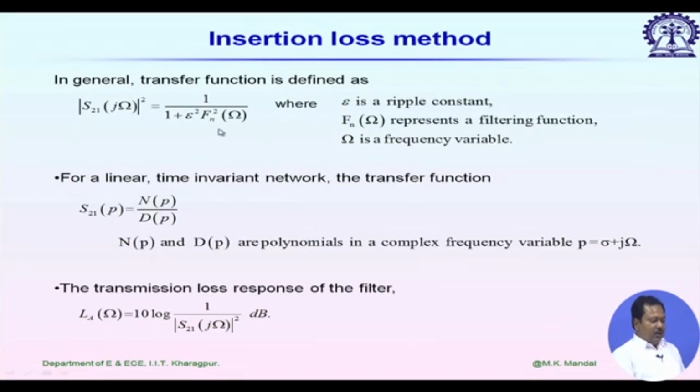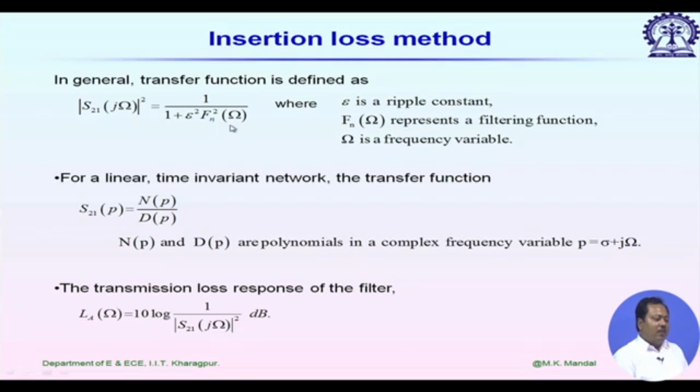Among the S parameters, the transmission parameter S21 is a function of frequency, and we can write the transfer function as magnitude of S21 squared equal to 1 by 1 plus epsilon squared into Fn squared.